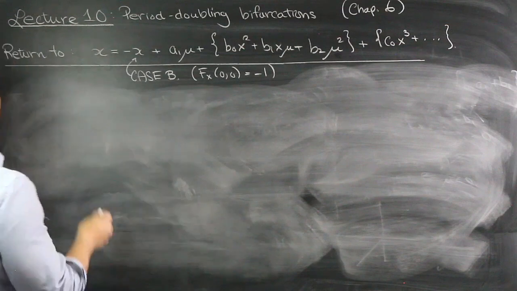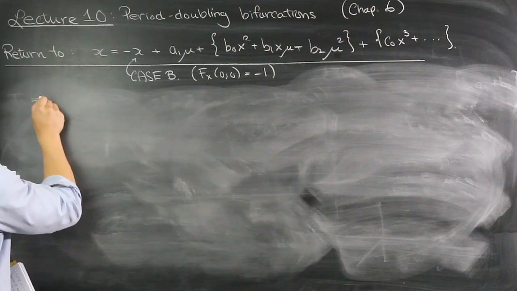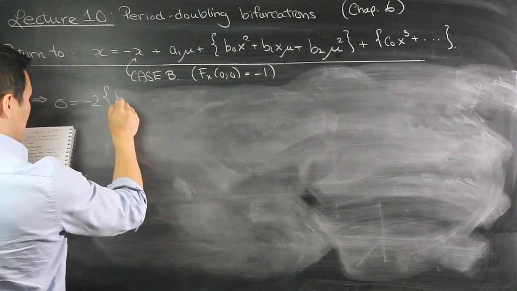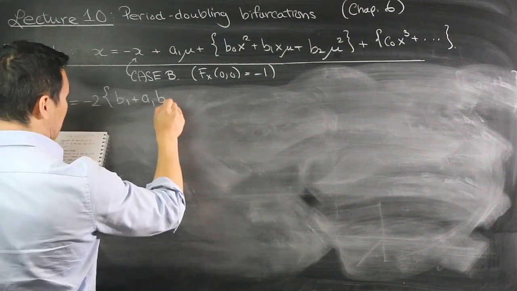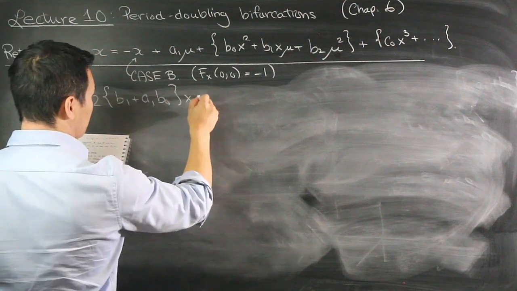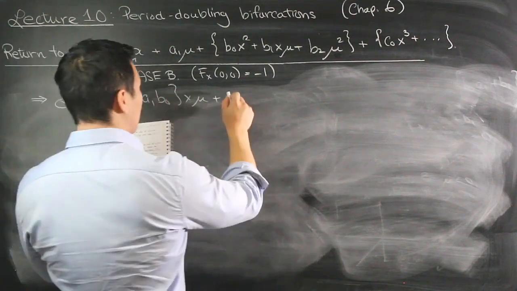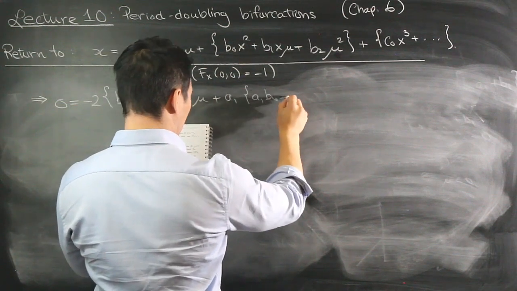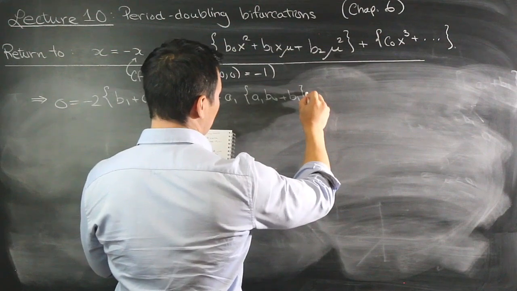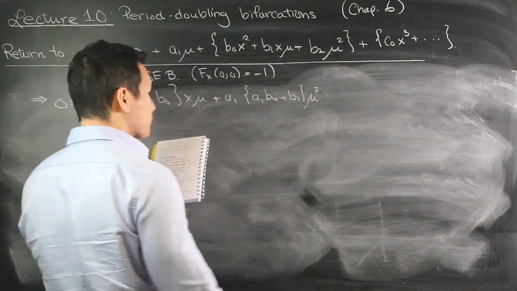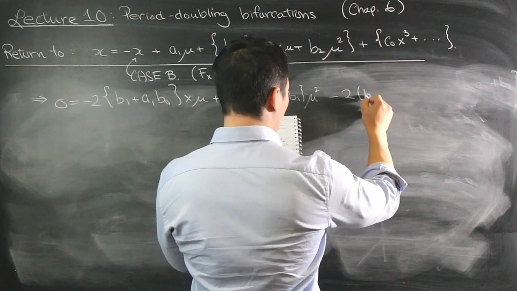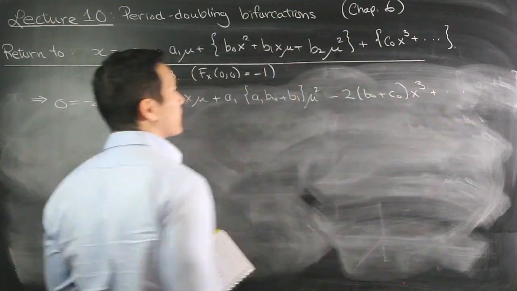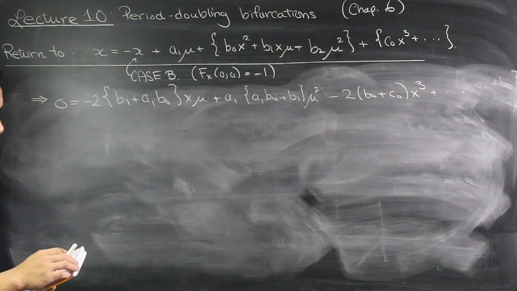And this is what you have. Okay, minus 2 times b1 plus a1 b naught, x times mu, plus a1 times a1 b naught plus b1, times mu squared, minus a2 b naught plus c naught, times x cubed plus dot dot dot, once the dust settles.